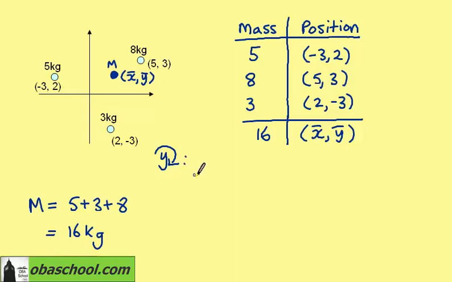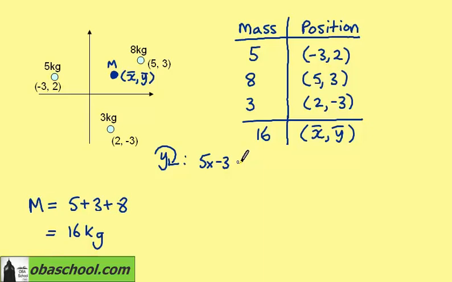So for the 5 kilogram mass, we do 5 times -3. Remember, strictly speaking, we should use weight, but the g will just cancel throughout, so we can use mass times position.